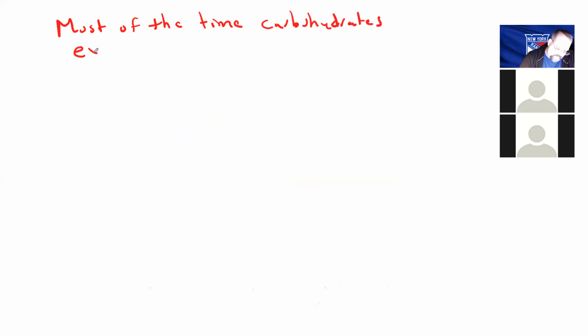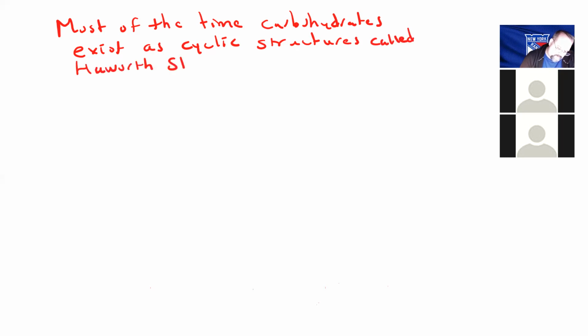So sometimes we draw monosaccharides as Fischer projections. But most of the time, carbohydrates exist as cyclic structures, known as Haworth structures.